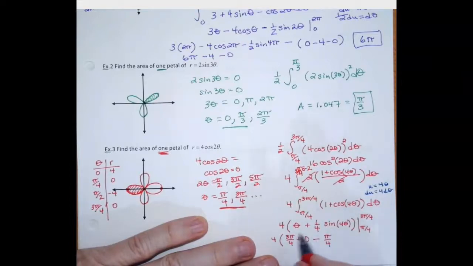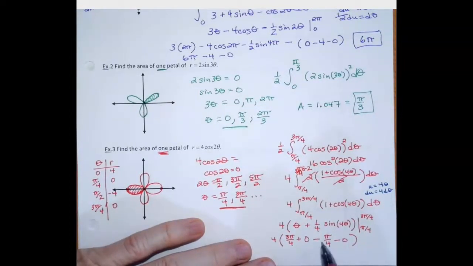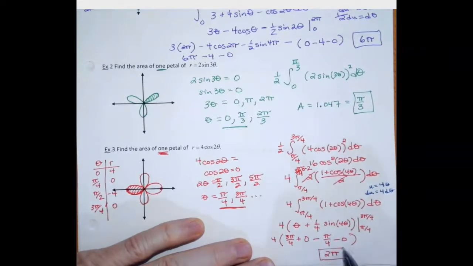If I plug pi over 4 in here, I get sine of pi, which is 0 also. So instead of putting parentheses around that, I went ahead and distributed the negative, but this is 0 anyway, so that's not a big deal. So here, if we subtract these, I'm going to get 2 pi over 4 times 4, so the 4's will cancel, and that's just going to be 2 pi.